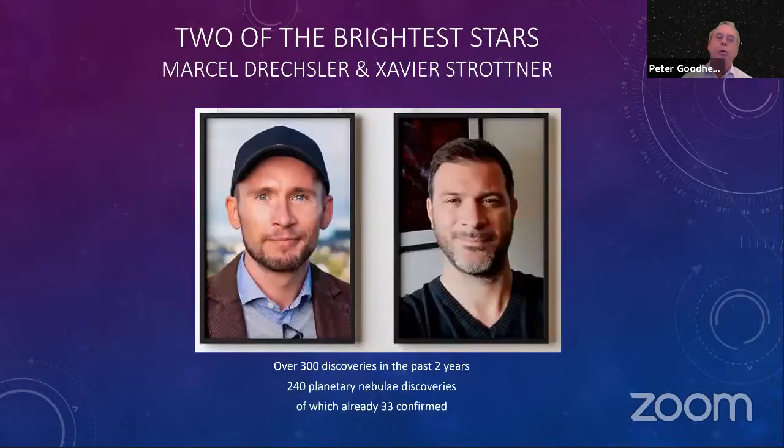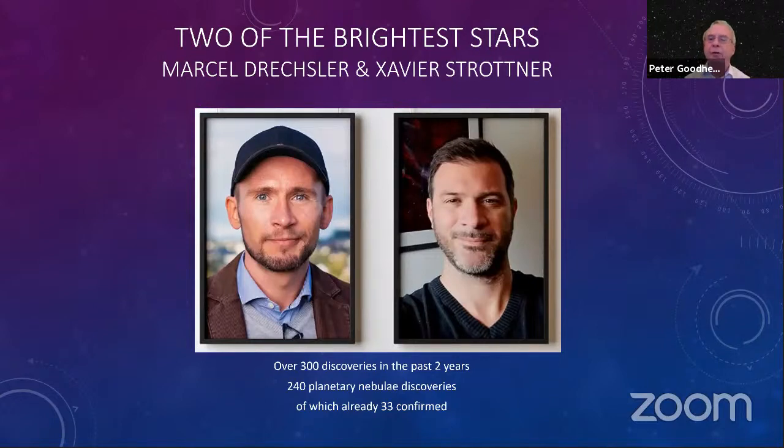Okay, now one of the guys there, Xavier Strottner, teamed up with a German guy, Marcel Drexler, in August, I think it was August of 2019. And these two gentlemen have been collaborating on discovering planetary nebulae since then.